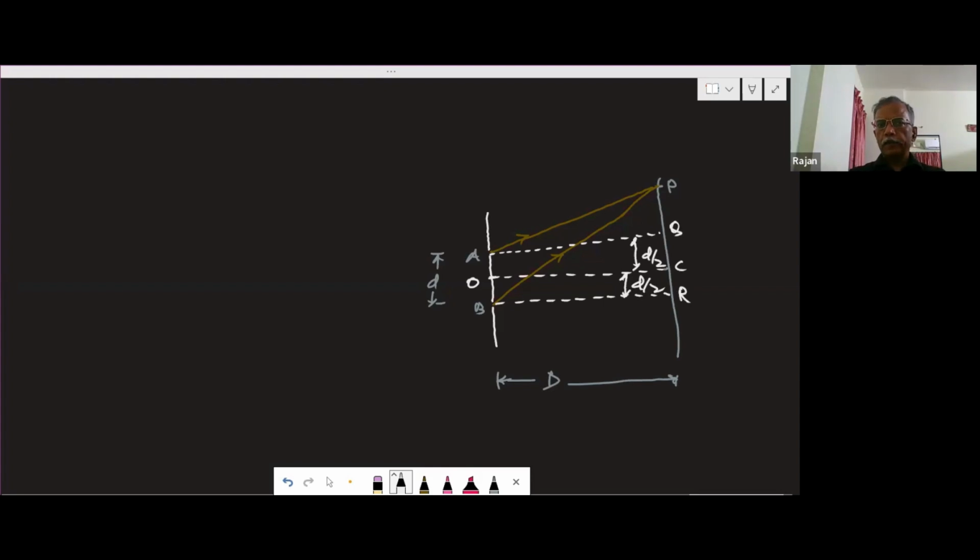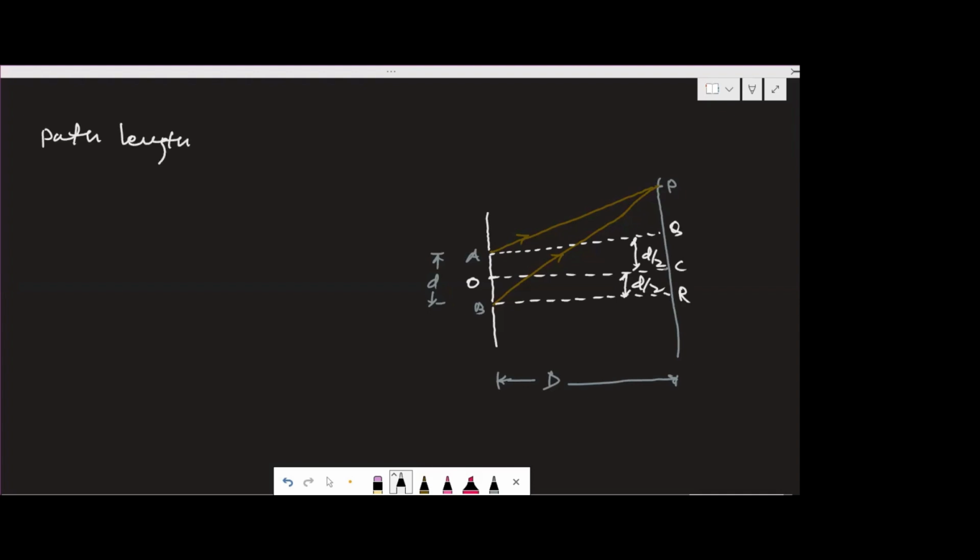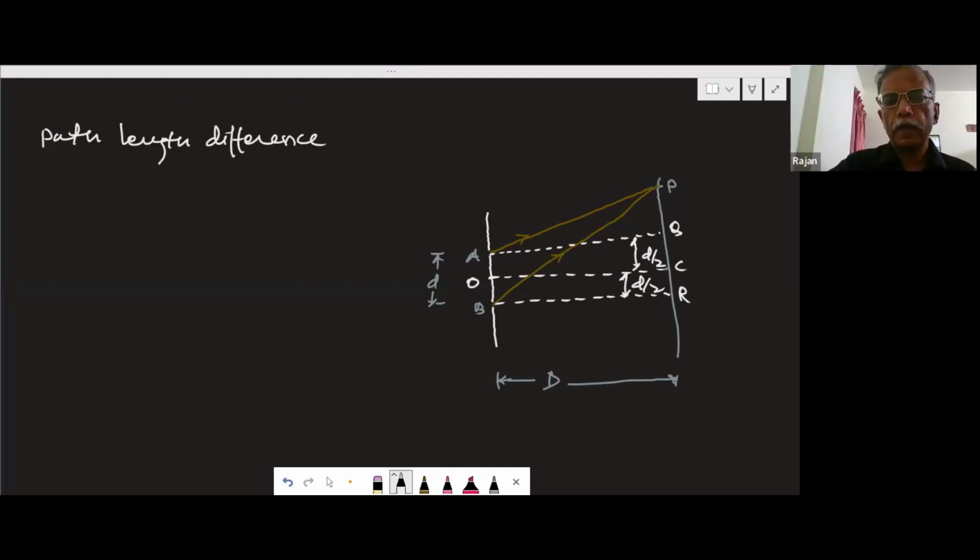Here we have to find the path length difference so that we can find y1, yn, and yn dash. So path length difference, what is that? This is your x.